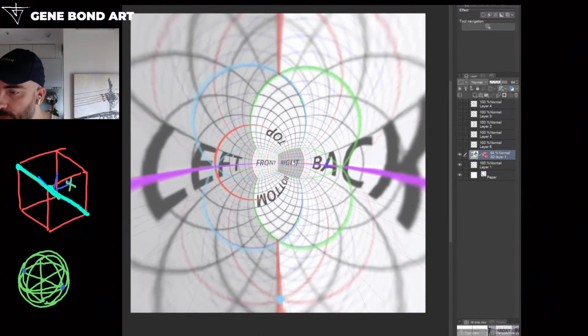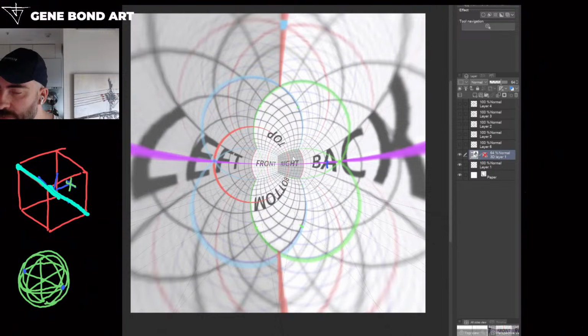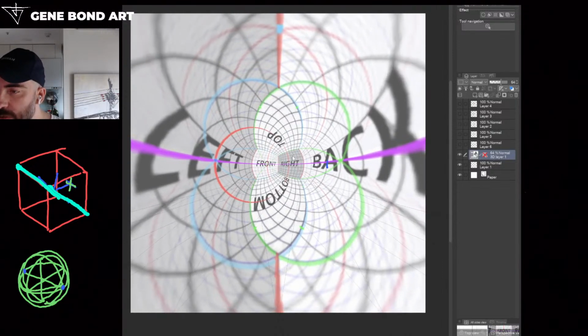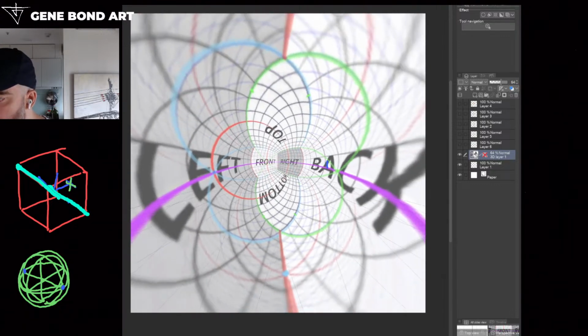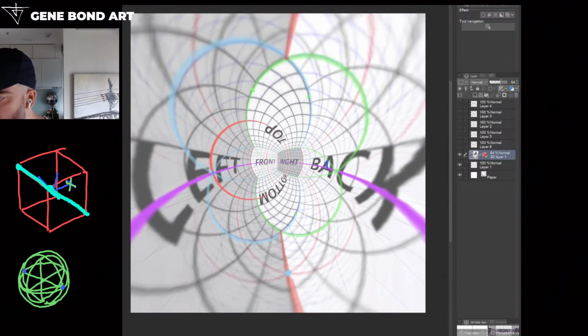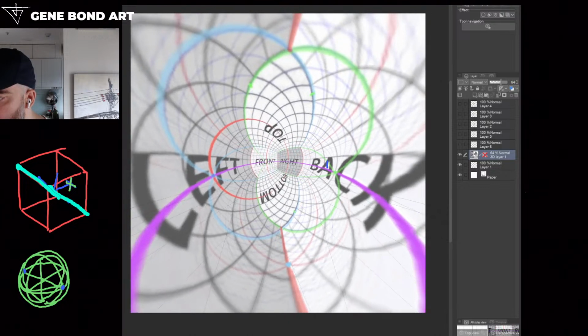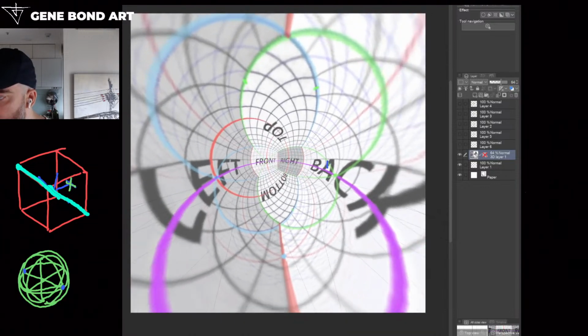So we have a 45 degree corner as a straight line, and now let's make it both 45 rotated to the right and down.